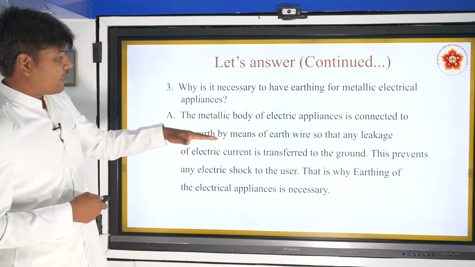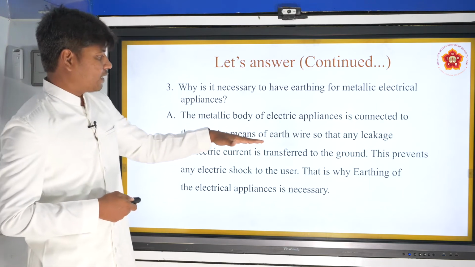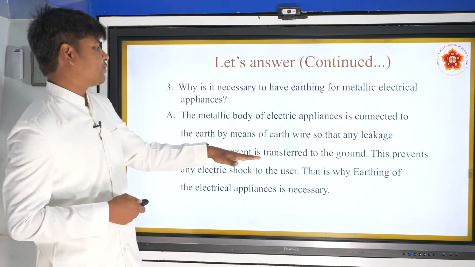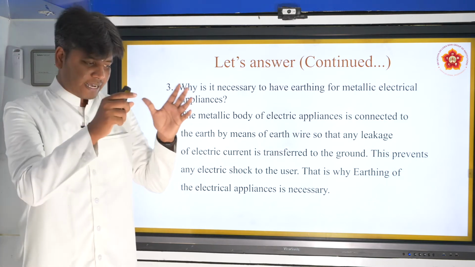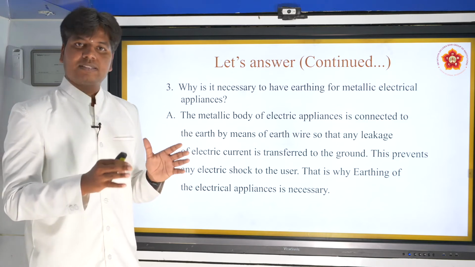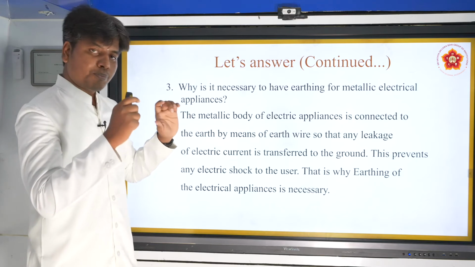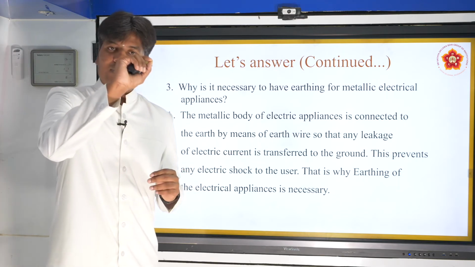The metallic body of the electrical appliance is connected to the earth by means of an earth wire, so that any leakage of electric current is transferred to the ground. As the metallic appliance is a conductor of electricity, you would get a shock. So in order to prevent that, it is connected directly to the ground.